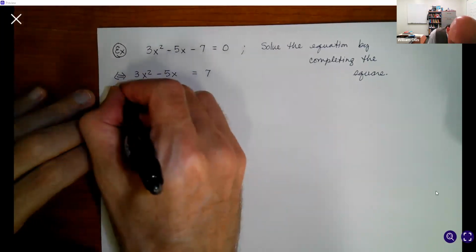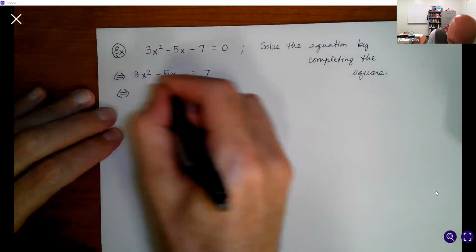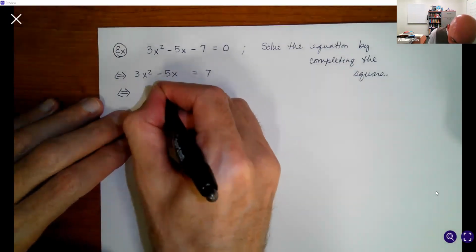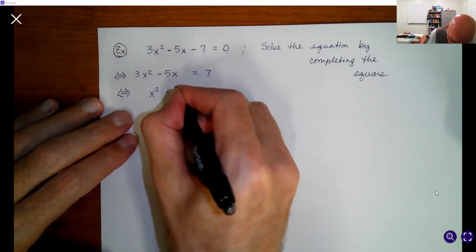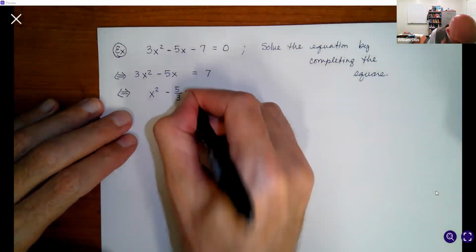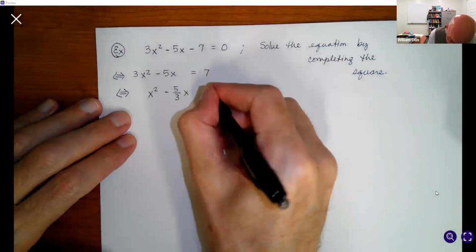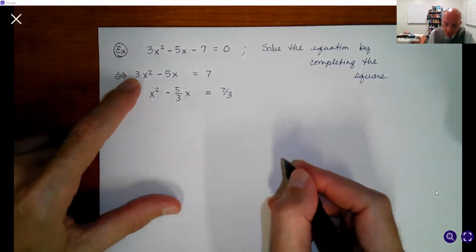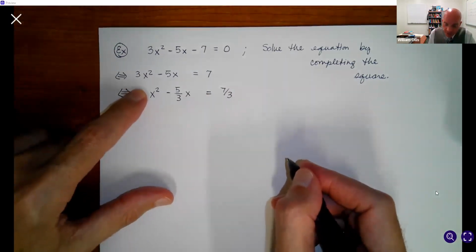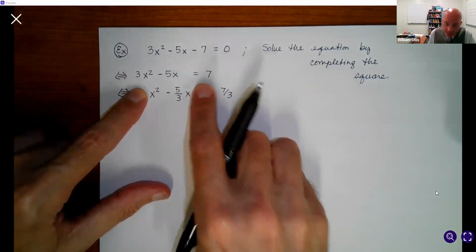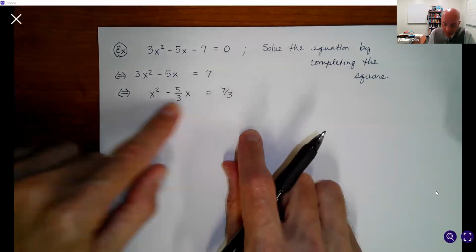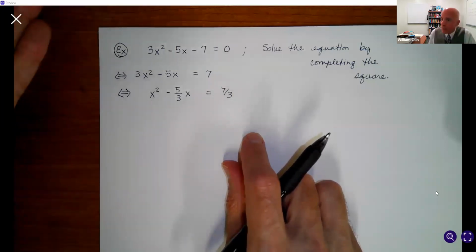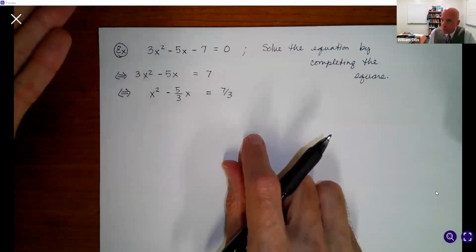So at this point, you can go ahead and divide everything by 3. So you have x squared minus 5 over 3 x equals 7 over 3. This is the same thing as just factoring the 3, but instead of leaving the 3 multiplied on this side, I just divided everything by 3 to get an equivalent result, which you could have done if you do the derivation a different way from what I did.